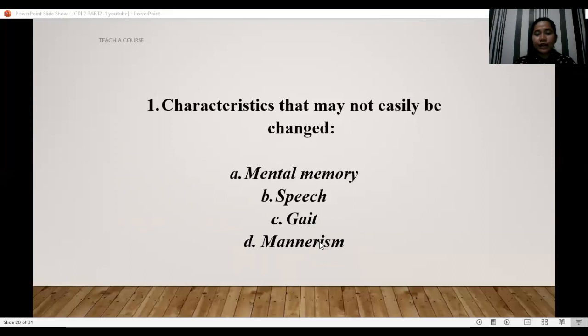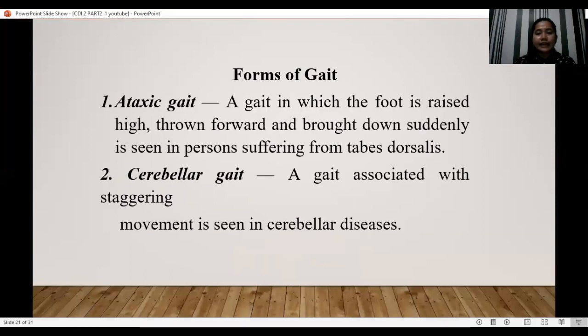So the first one we have the ataxic gait. So when we say ataxic gait, a gait in which the foot is raised high and thrown forward and brought down suddenly is seen in a person who is suffering from tabes dorsalis.